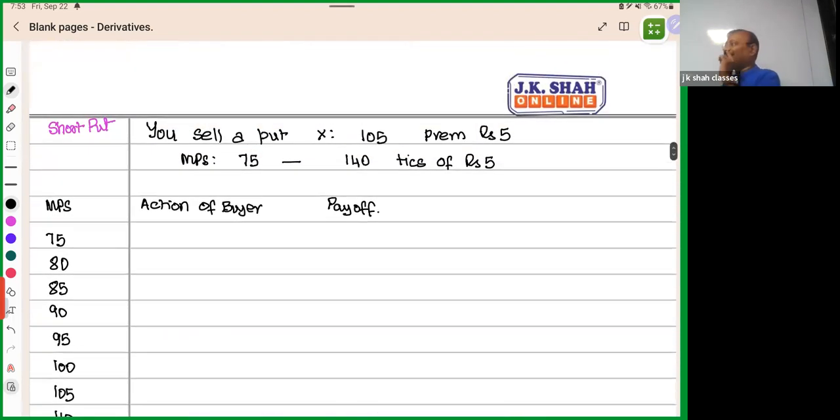Now, you are a seller of a put. So what have you sold? Right to sell. That means you have given the other guy a right to sell the stock to you at 105. Market price is 75. Will that guy exercise? You have a right to sell the stock to me at 105, market price 75, so you will exercise your right.